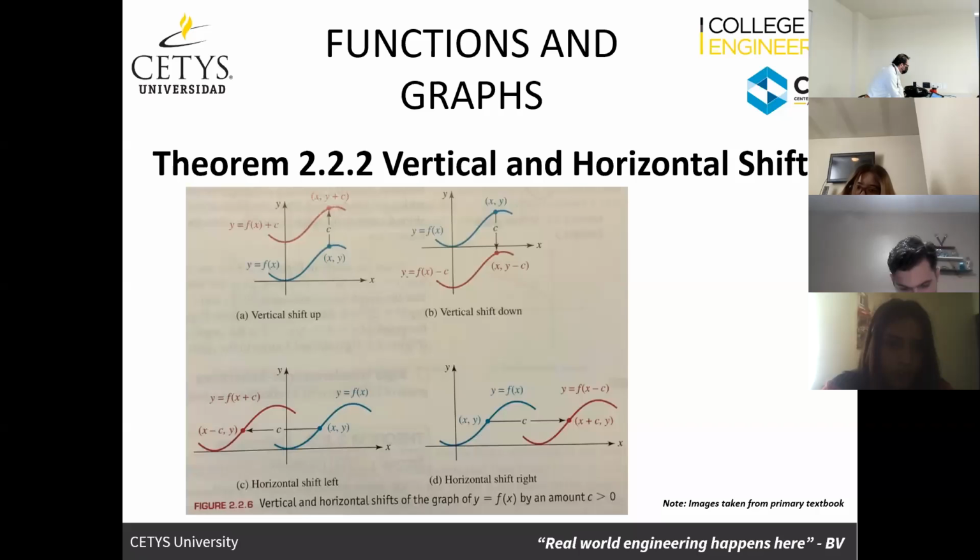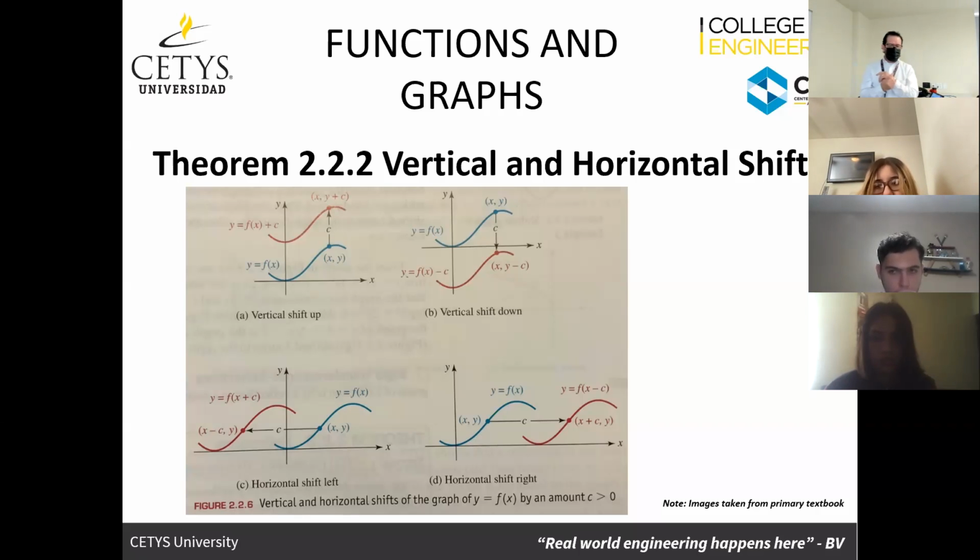Okay, so the last thing we were talking about last class had to do with shifts, vertical and horizontal shifts. We know that if we have a function and we add or subtract the value c to the whole function, that's going to generate a movement either up or down.